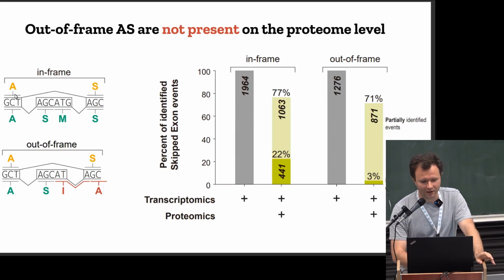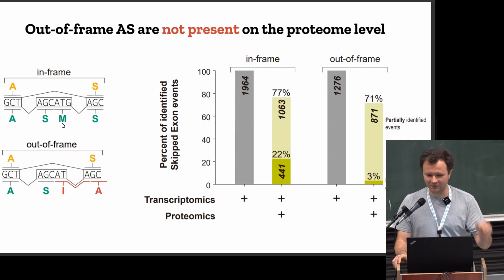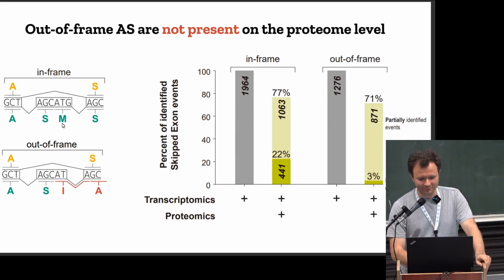So in the case of exclusion of the exon, the amino acid sequence is going to be AS, but during inclusion it's going to be ASMS. So now you know at which conference I presented this slide. But you see, this middle exon has to be divisible by 3. The length of that has to be divisible by 3.